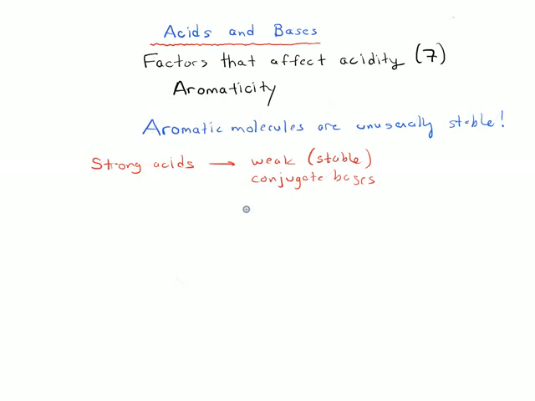So if the conjugate base is stable or unusually stable, or if it's aromatic, then we would expect that the conjugate acid would be unusually acidic.